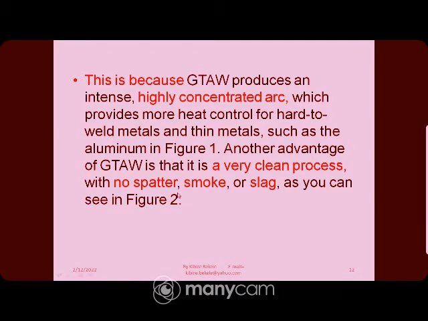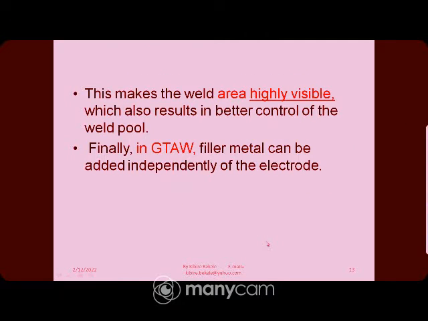Gas tungsten arc welding is a very clean welding. No sputter, no smoke, no slag on the weld bead. So this means it's a clean welding process. This makes the weld area highly visible. When it is highly visible, we can simply control the welding pool at the joint area, which also results in better control of the weld pool.